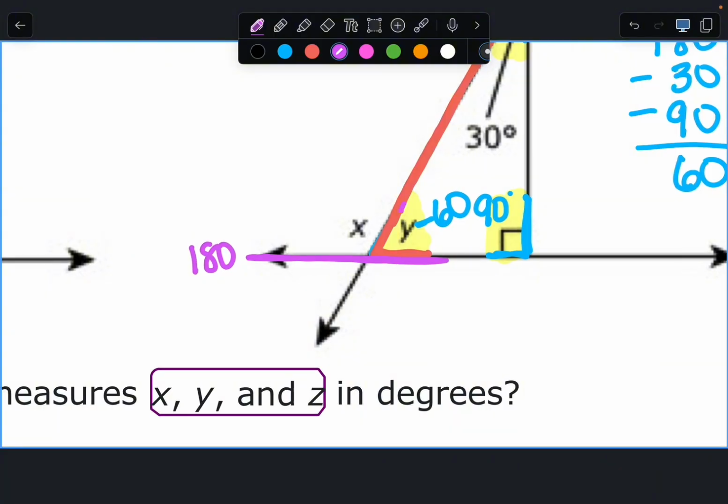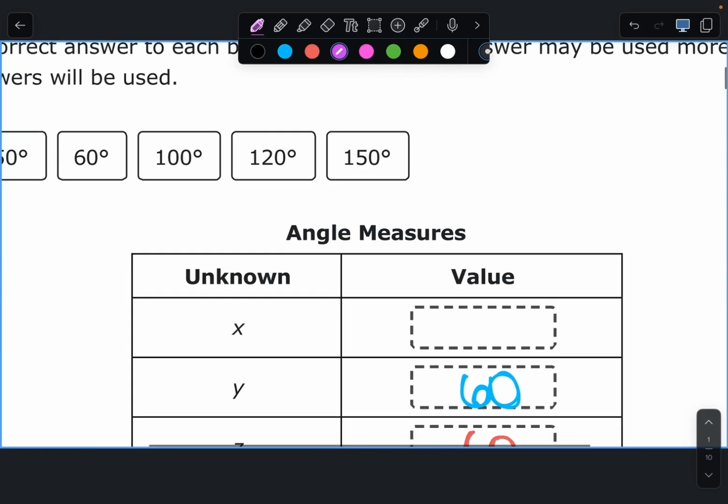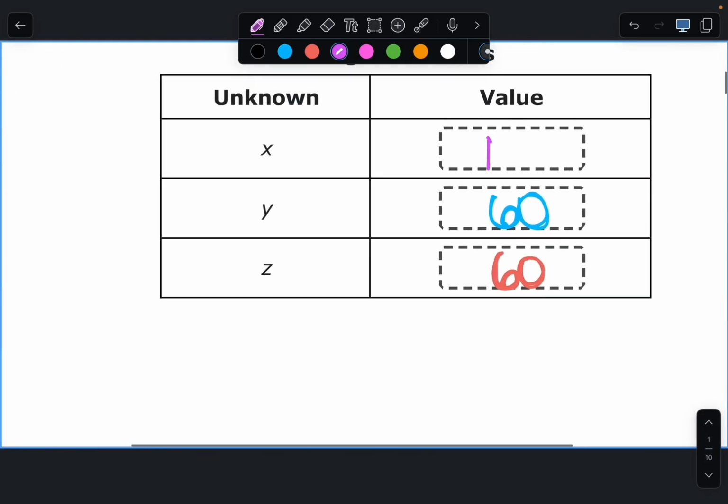Yep, subtract the 60. So 180 minus 60 is? So X is 120, because X and Y form a line. 120 plus 60 is 180. All right, next page.